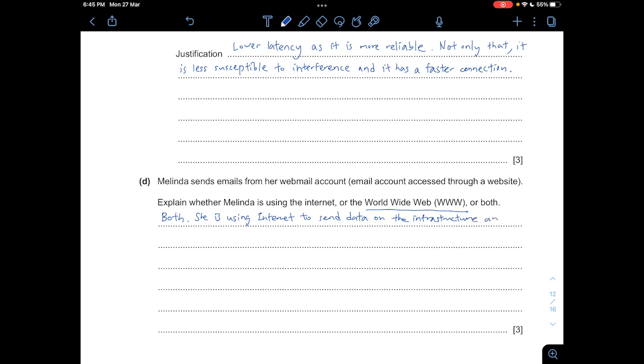And using www to access a website that is stored on a web server that is part of the World Wide Web.